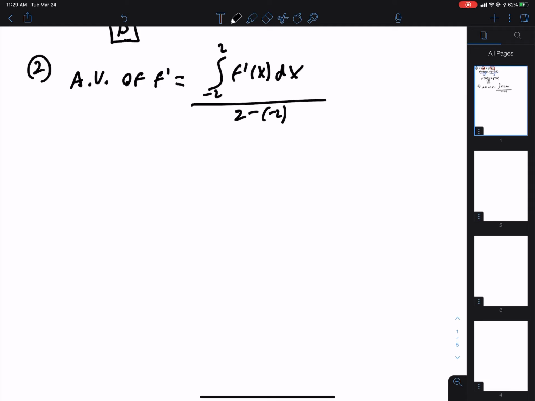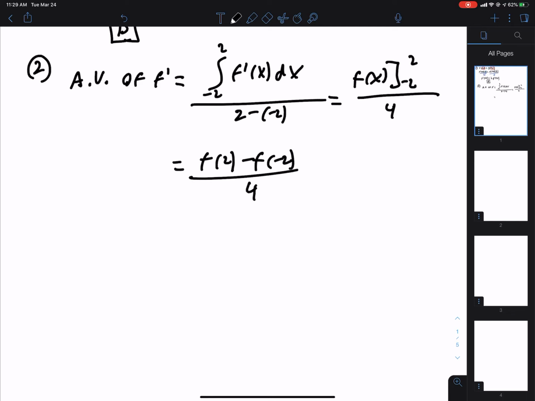Well, using fundamental theorem, this will be f of x evaluated from -2 to 2 over 4, which will be f of 2 minus f of -2 over 4. And from the table, that will be e minus a over 4.